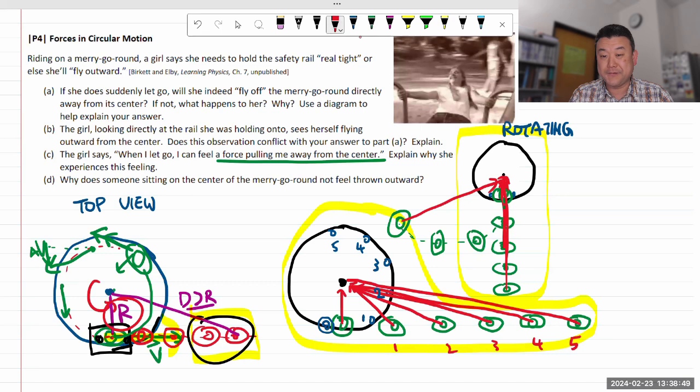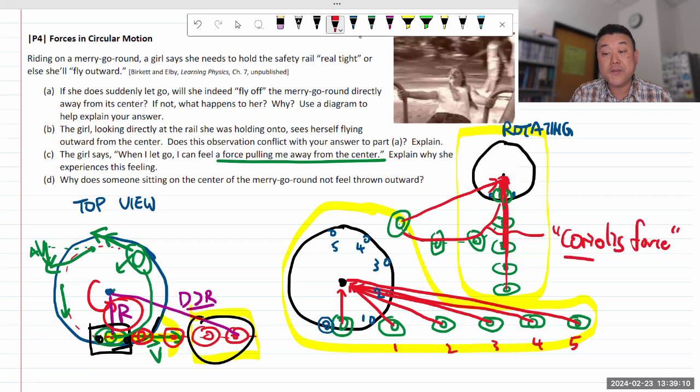So the motion of the girl in this rotating frame is not simple like a straight line. It's actually this curved path. If you're interested in how to take this into account, what you have to look up is something called the Coriolis force.